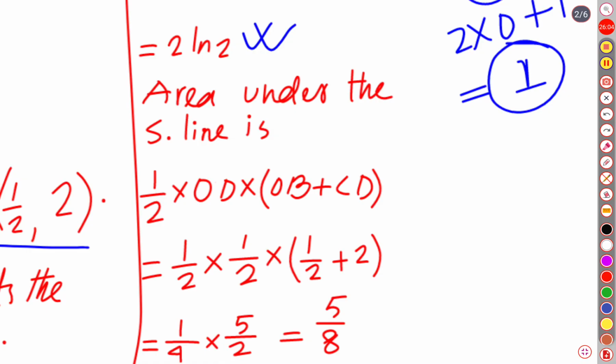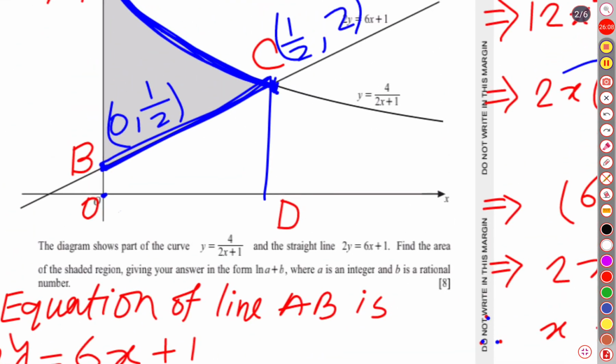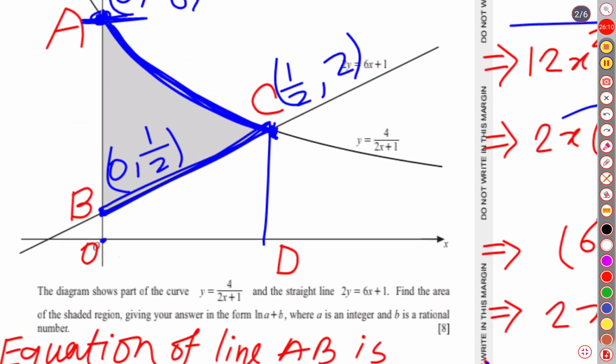And if we look carefully, we'll find what this is. Look at this, this straight line is covering BC, CD as well as OD and OB. So this is actually a trapezium.